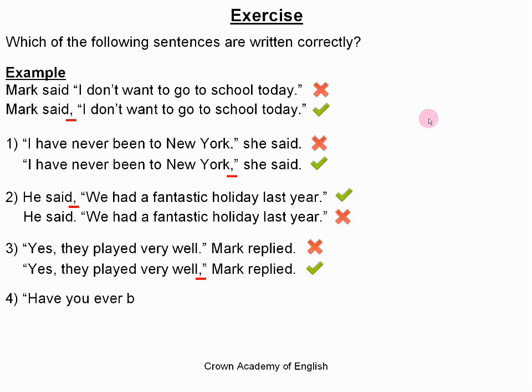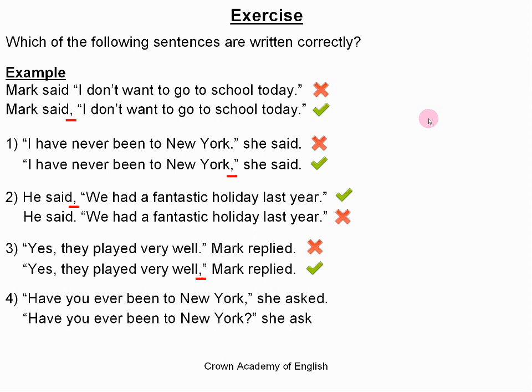And question 4, this is the last question. Have you ever been to New York? She asked. So on question 4, there are 3 sentences, and only one sentence is correct.